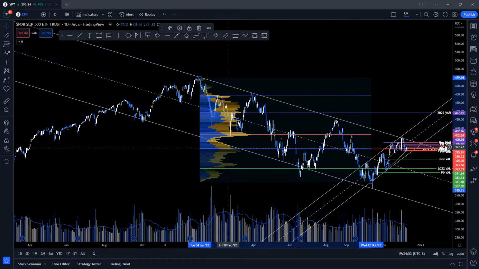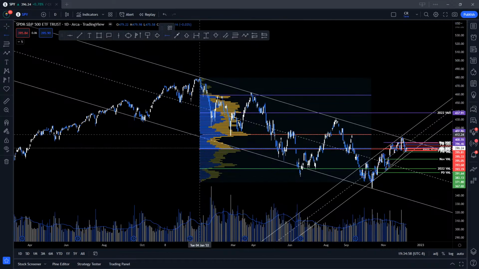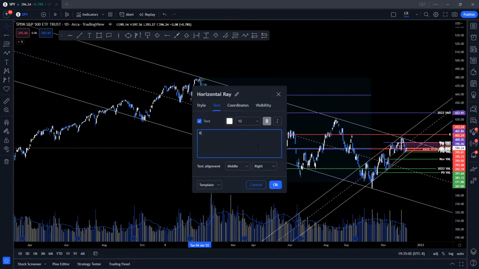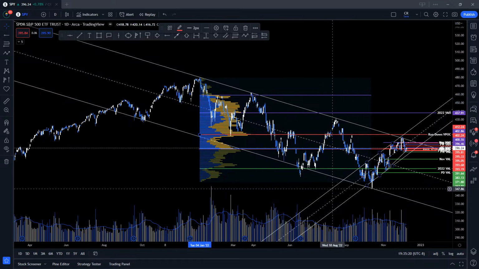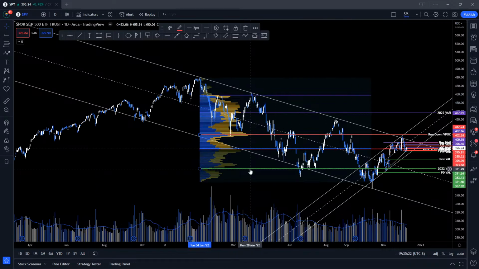And so that's where, like you saw in my chart, for instance here, rundown POC, or actually this one is a VPOC. And then you would have your rundown value area high, rundown value area low.